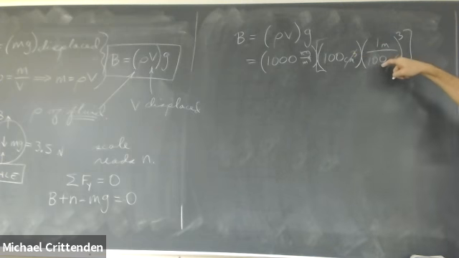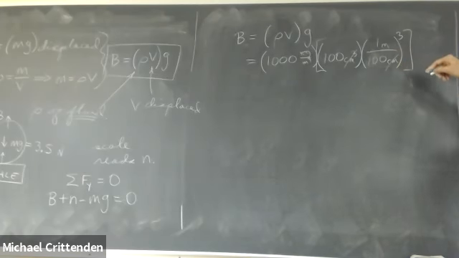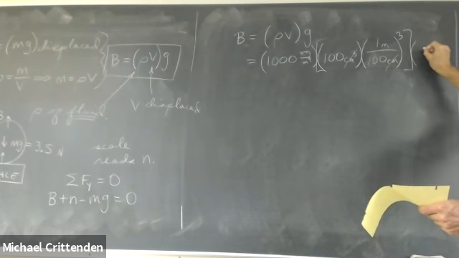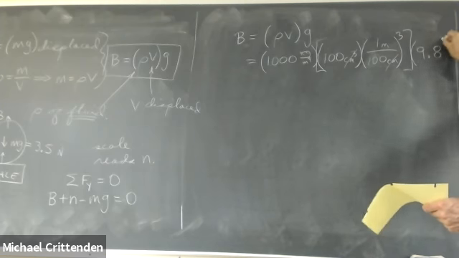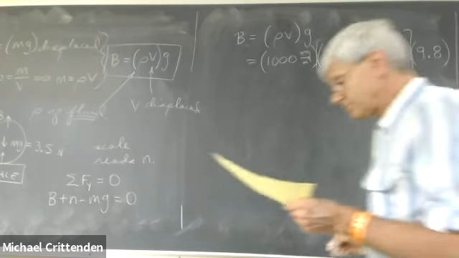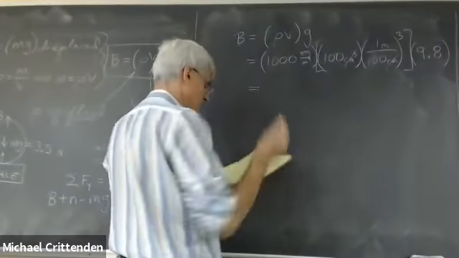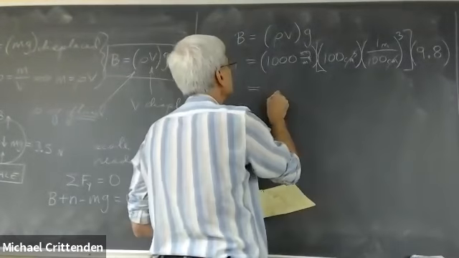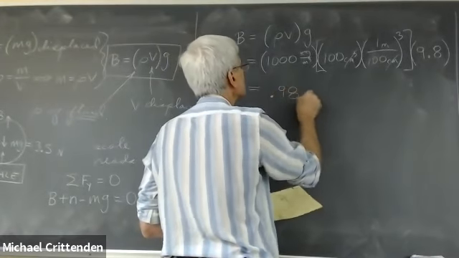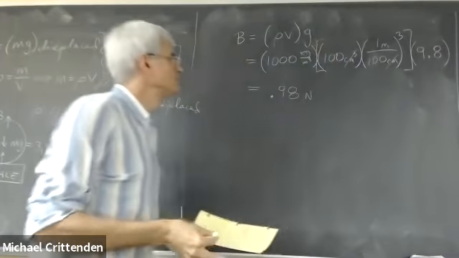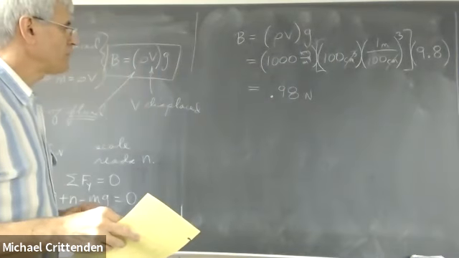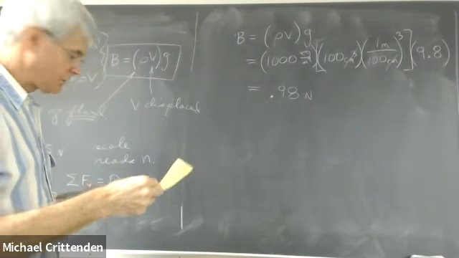There are 1,000,000 cubic centimeters to a cubic meter, so you have to move the decimal 6 places, not 2. And then we've got g on the end here at 9.8. One way or another, you keep track of the units and get the decimals in the right place. The buoyant force comes out just under a newton.